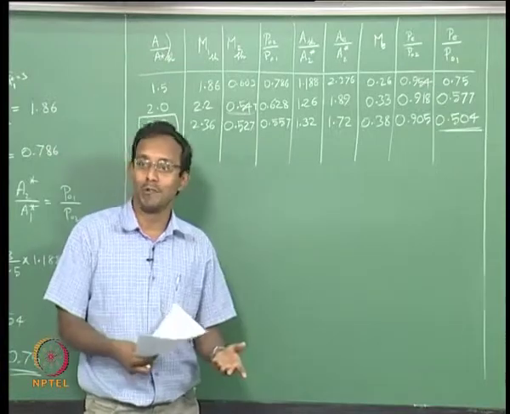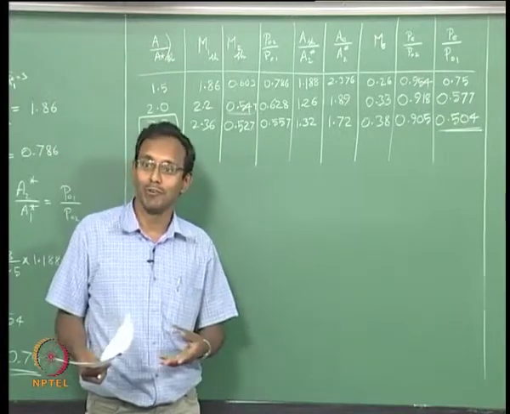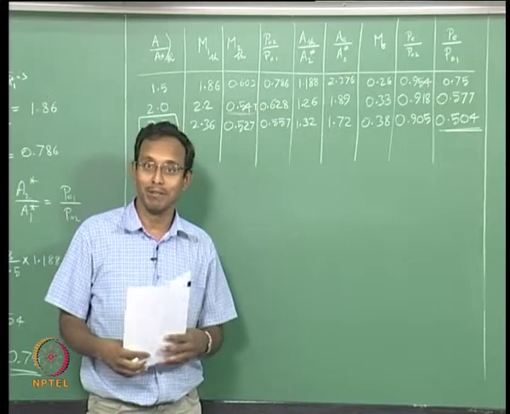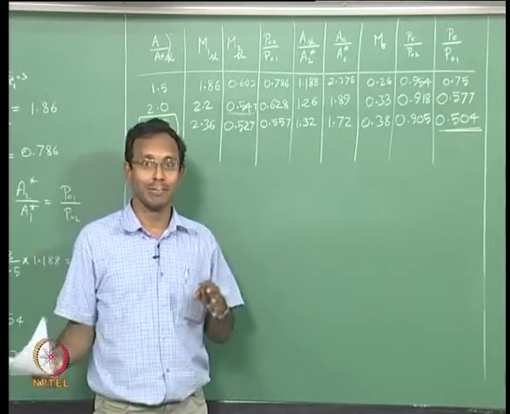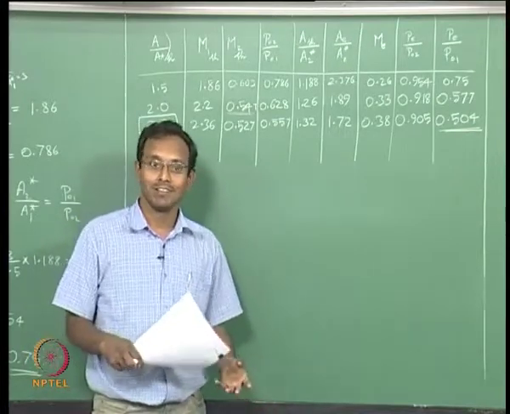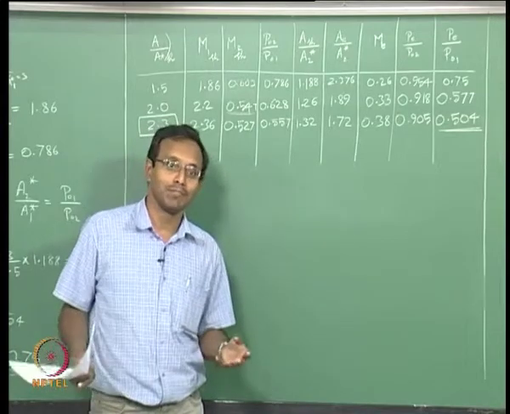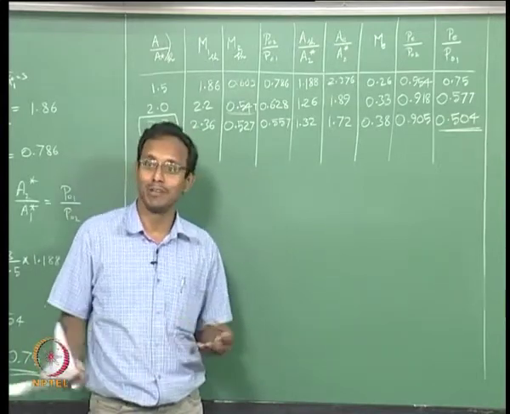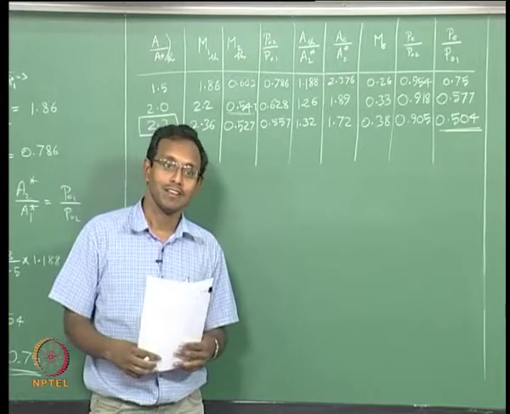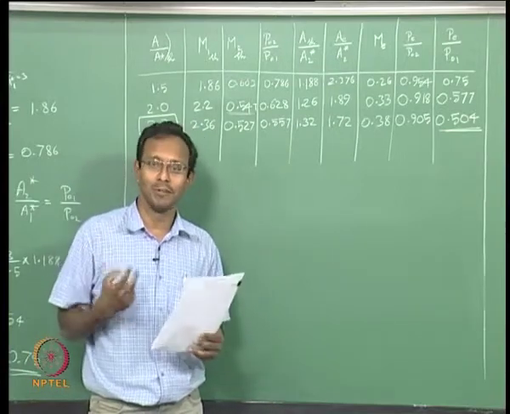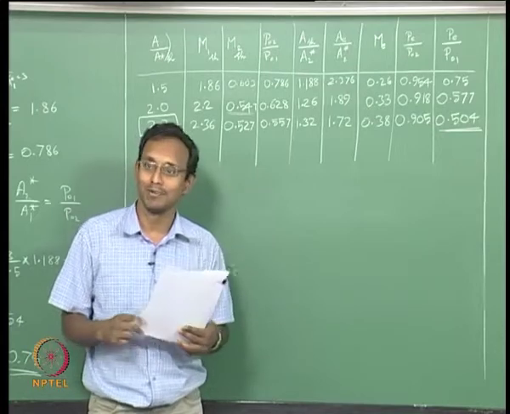Sometimes you will use gamma equal to 1.67, sometimes you will use gamma equal to 1.4. Ideally you have to use the same table all the time, and then you have to use isentropic tables, normal shock tables. So there is so much confusion possible. And instead of subsonic you might use supersonic, things can go wrong. So you have to be very, very careful. You have to be more alert, mentally prepared for doing this problem.